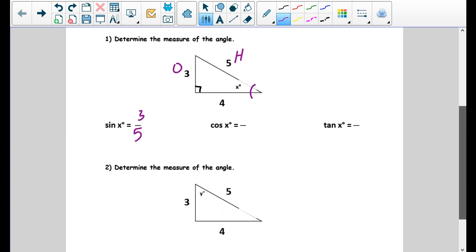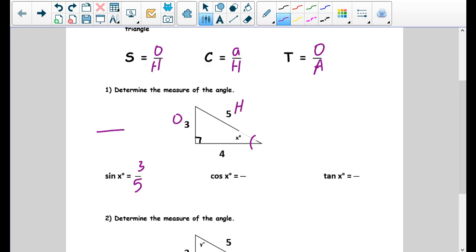Now, how do I solve for that? Normally we end up dividing, right? It's like we're dividing here by sine. Okay? But if you look at your calculator, right above sine you see this little thing that says sine -1.